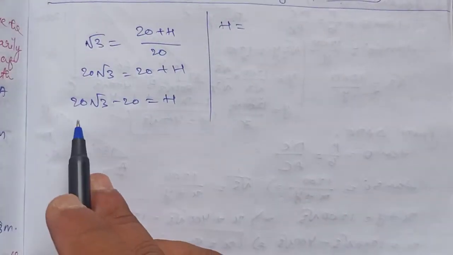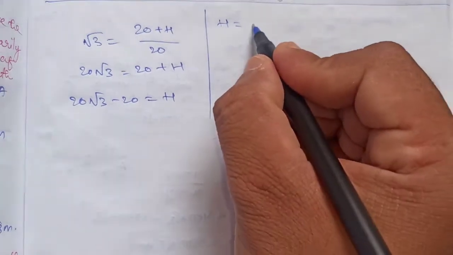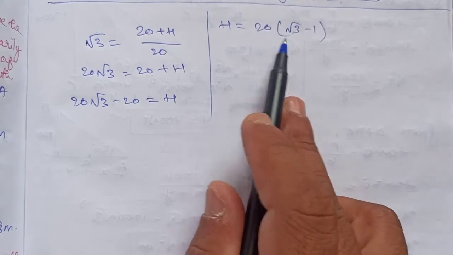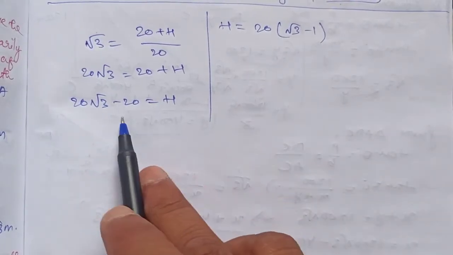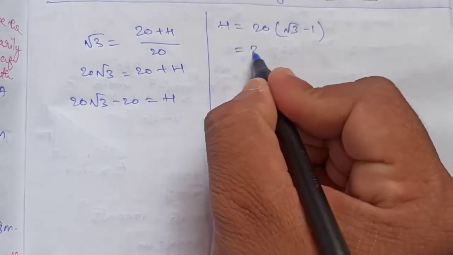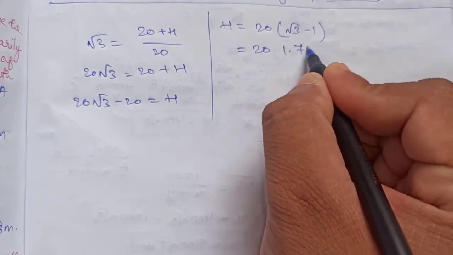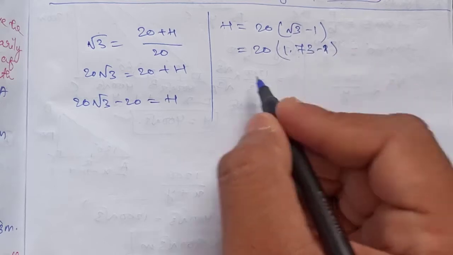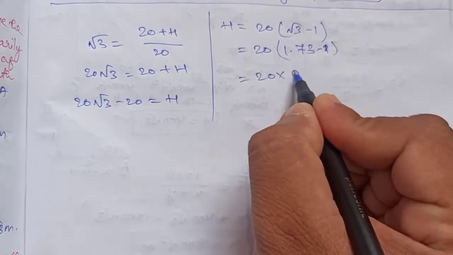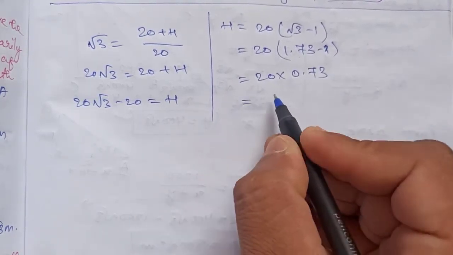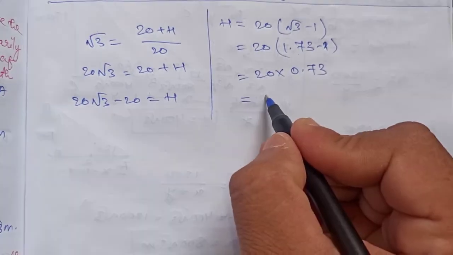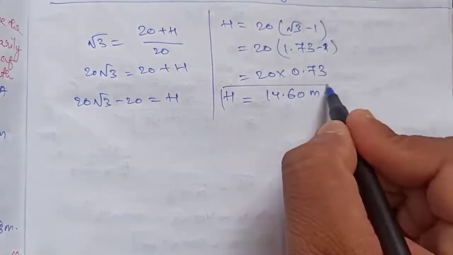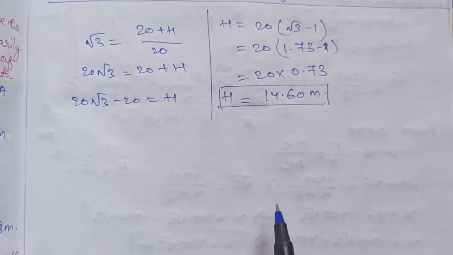H equals 20 into root 3 minus 1. Now substitute, we will have 20 into 1.732 minus 1, that is 20 into 0.732. Just multiply these two, we will have 14.64 meter. So the height of the transmission tower is 14.64 meter.